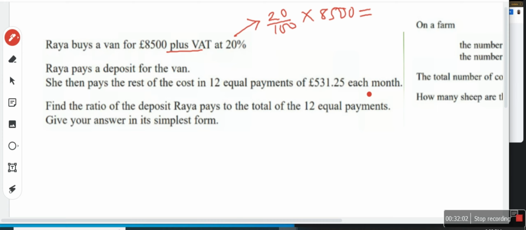Please be audible. 1,700. Okay, so that means the total is that value plus this VAT. So total will be 8,500 plus 1,700. And what does that give?